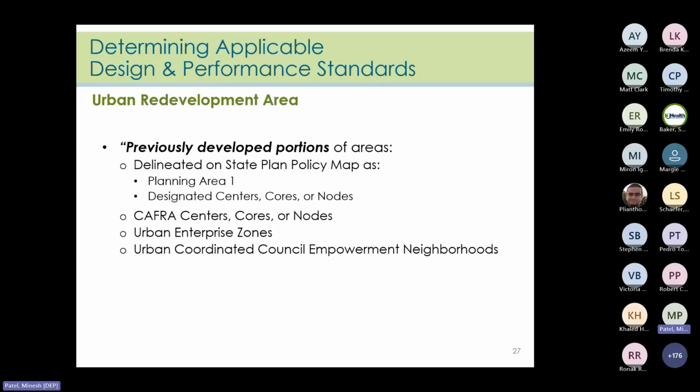It is important that the reviewer is aware of what urban redevelopment exemptions are and where they can be applied. Urban redevelopment exemptions can only be granted to previously developed areas of a site. So the existence of woody vegetation is a telltale sign of whether this exemption can be granted.